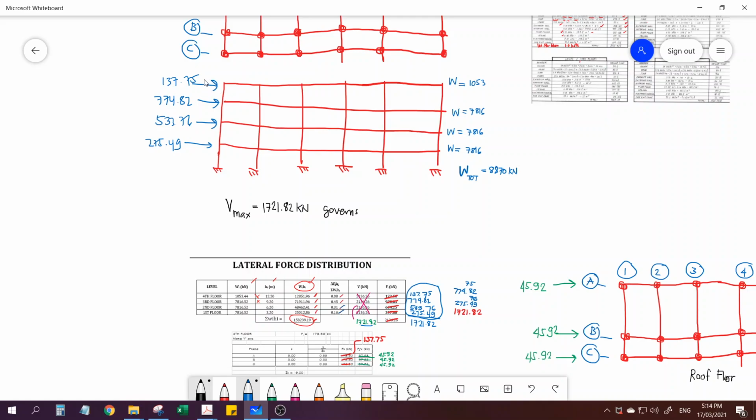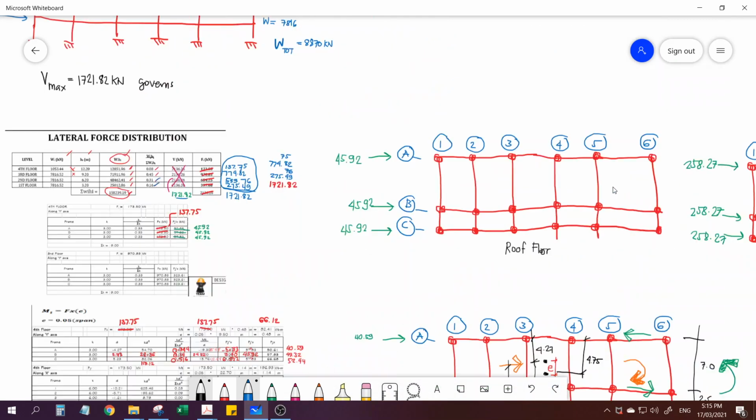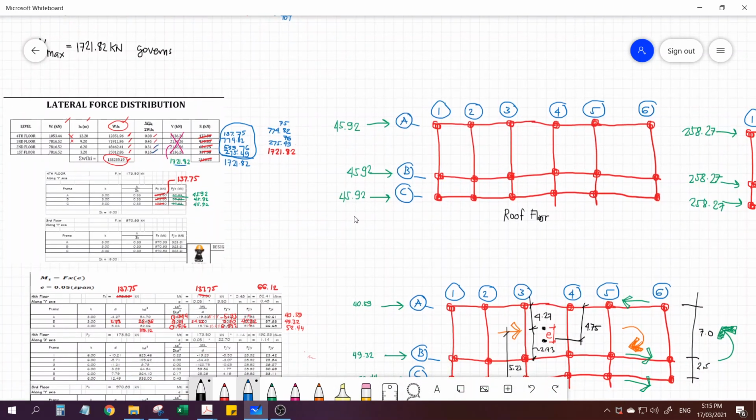So, kailangan mo pa siyang ma-distribute horizontally sa frame. Let's focus first sa 137.75. I-distribute natin yung 137.75 sa fourth floor. So, ito naman yung computation nun.